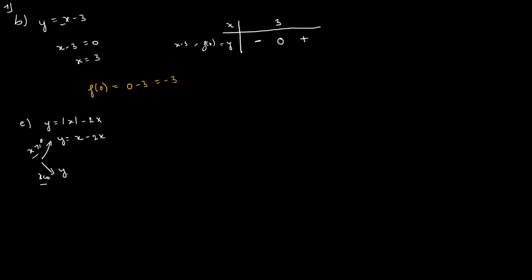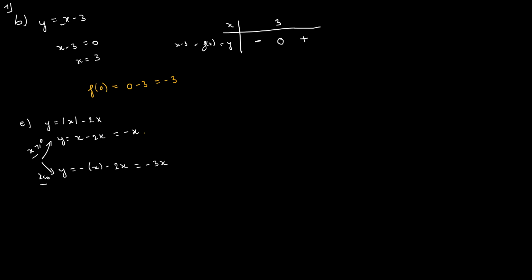Now y is equal to, well, it is a negative value, so it becomes negative, because we have to invert the sign, x minus 2x. We can rewrite both of the functions we found over here, and here we find that it's minus x, and here it's minus 3x.